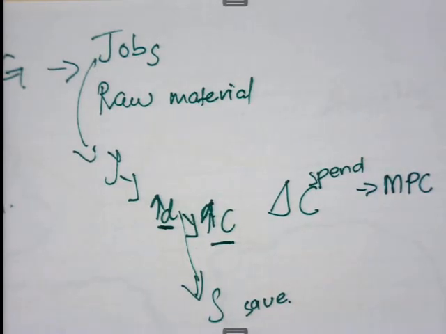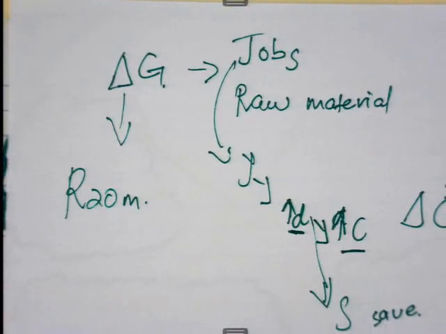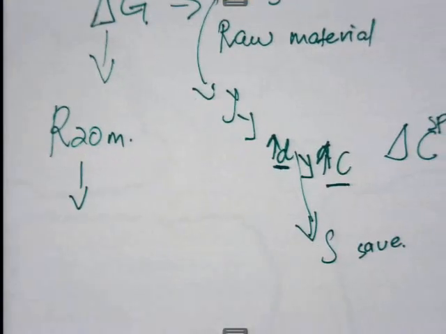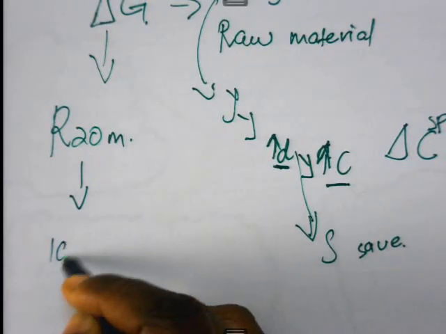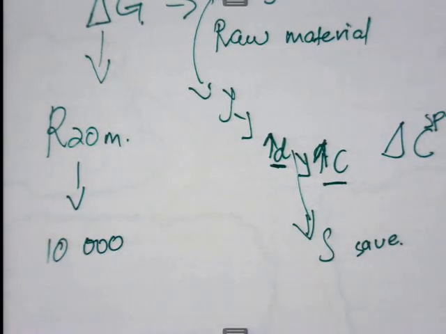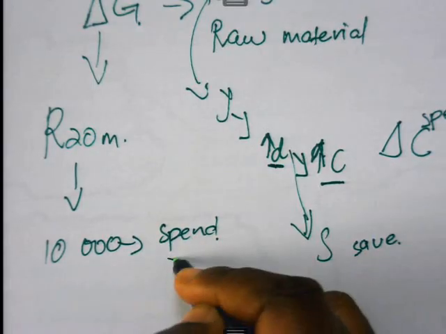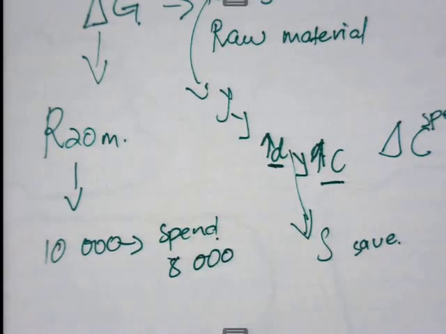Marginal propensity to consume is the proportion of the consumer's salary which they are willing to spend. Let's say, for example, out of an injection of 20 million, we have a particular consumer who earns 10,000 rand. From earning 10,000 rand, this consumer decides to spend 8,000. Now we must calculate the proportion which this consumer wants to spend.